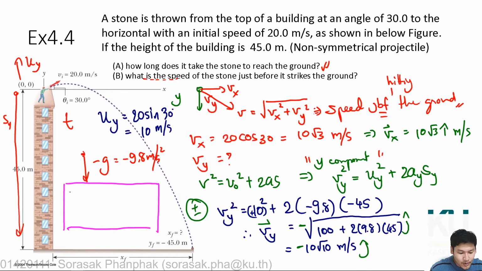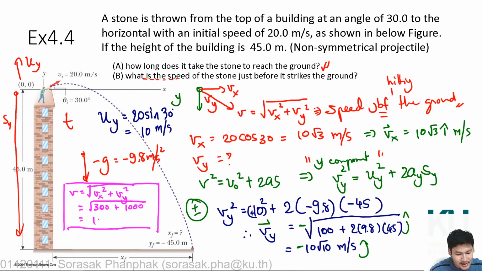So your v is equal to the square root of vx square plus vy square, and this is 300 plus 1000, right, under the square root.